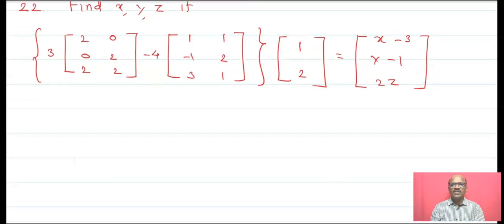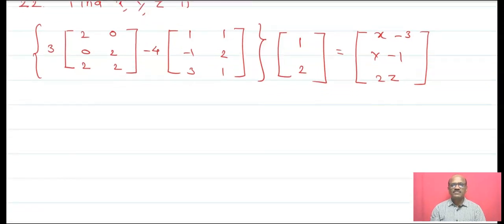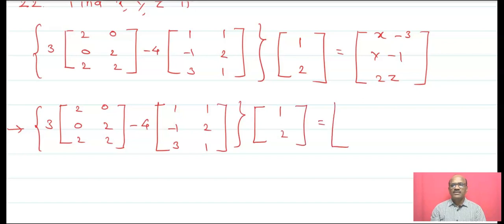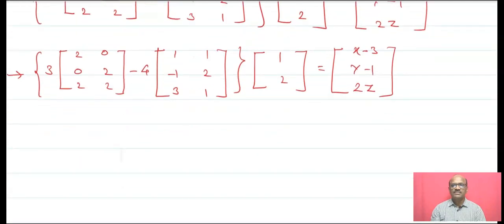Now the normal multiplication is there. First of all, we'll write the example: we are multiplying by 3, minus 4 times [1, 1, -1; 2, 3, 1], and on the right hand side [x - 3, y - 1, 2z].